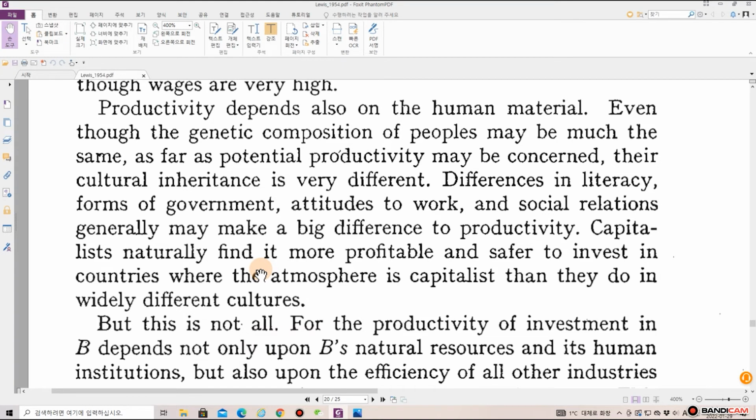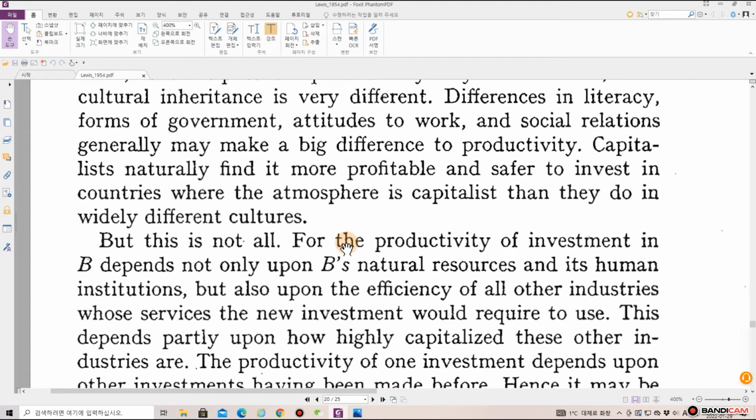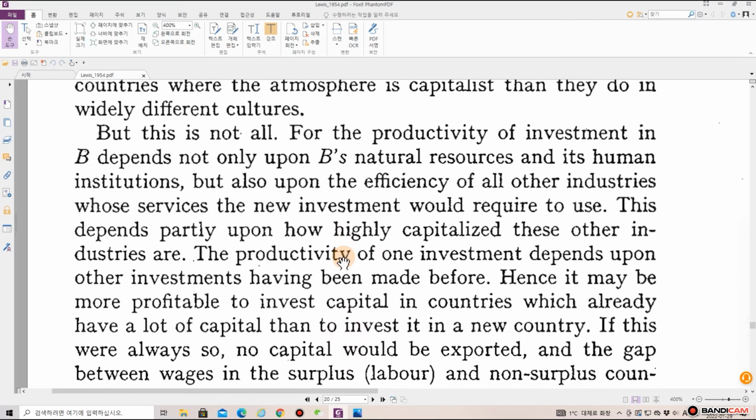Differences in literacy, forms of government, attitudes to work, and social relations generally may make a big difference to productivity. Capitalists naturally find it more profitable and safer to invest in countries where the atmosphere is capitalist than in widely different cultures. But this is not all.